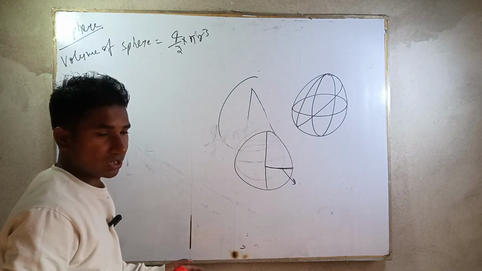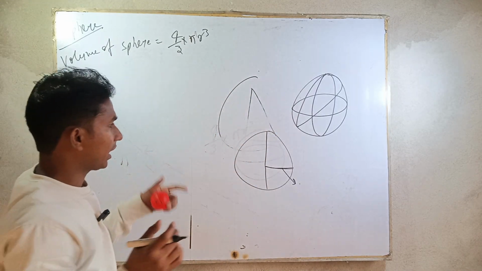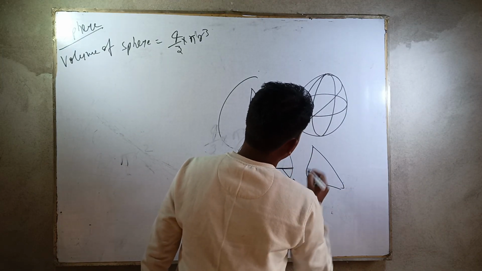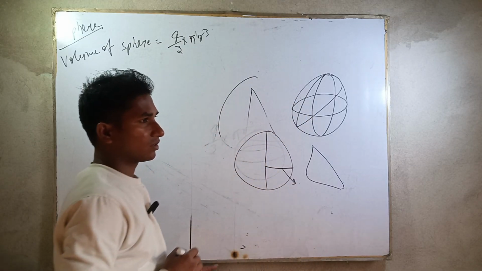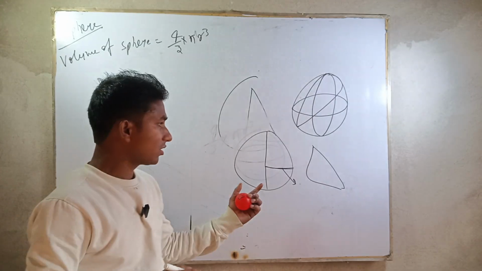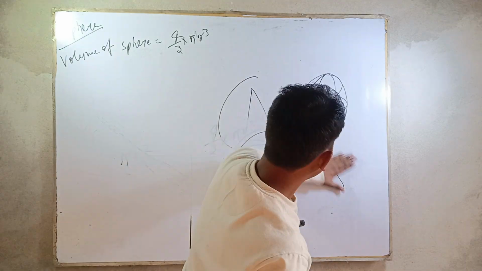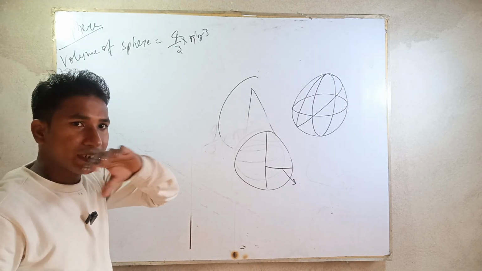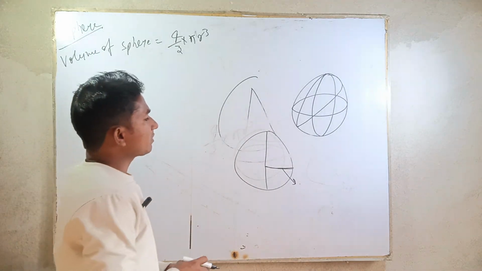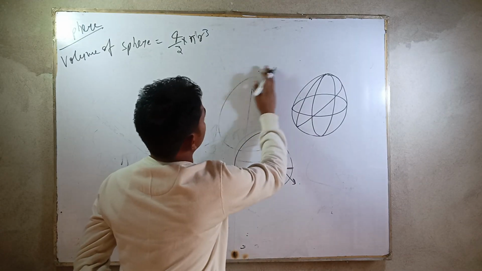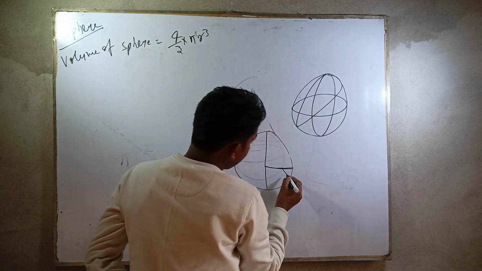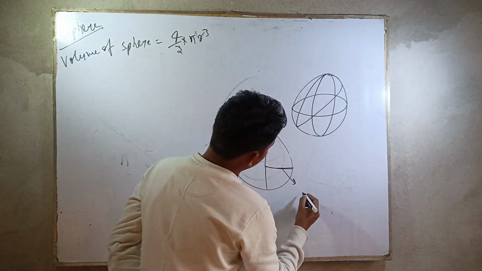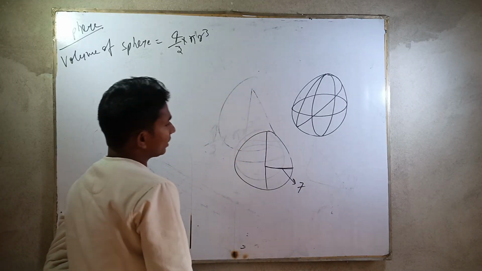Like a cucumber, sometimes I cut it. Or a watermelon, which is cut like a cake is cut. If I cut a watermelon, the radius is the same. Suppose the radius is 7 centimeter.